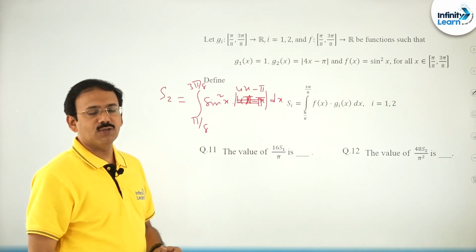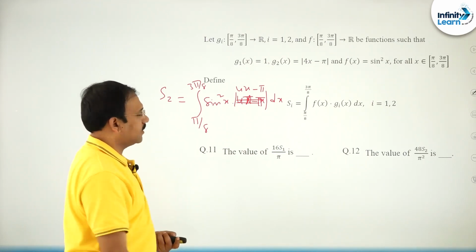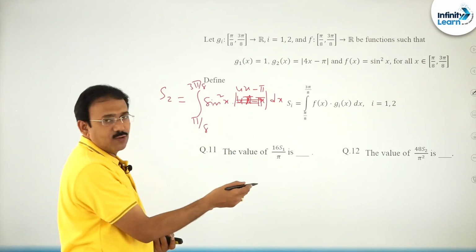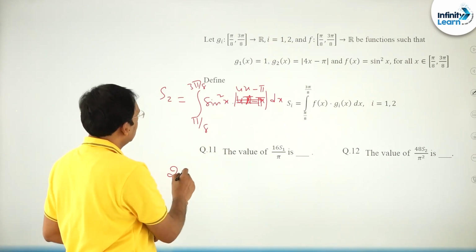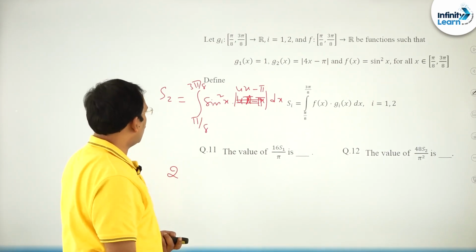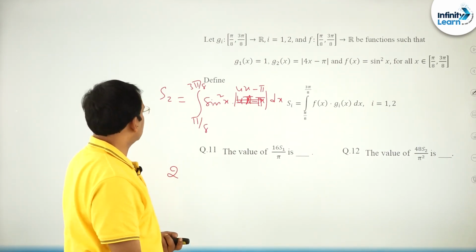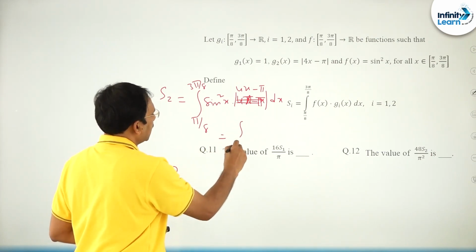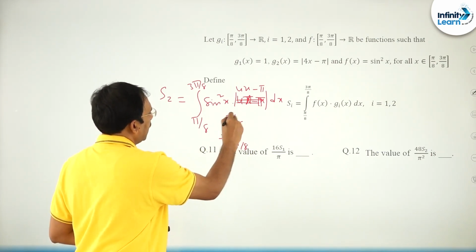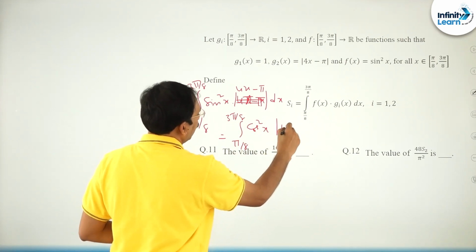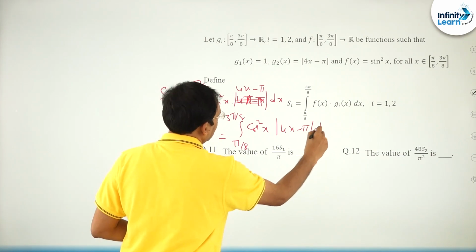Now friends, to solve this you apply King's formula. If you apply a plus b minus x, the sum is 4 pi by 8, that means pi by 2. So S2 becomes the integral from pi by 8 to 3 pi by 8, where this becomes cos square x, whereas this becomes mod 4x minus pi itself, dx.